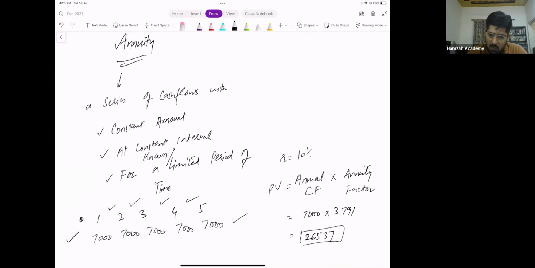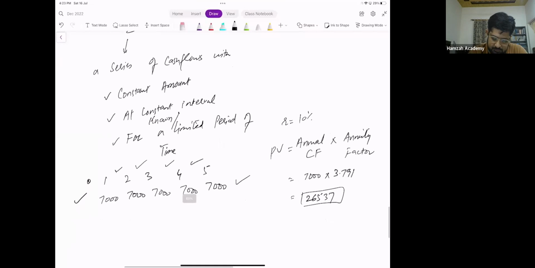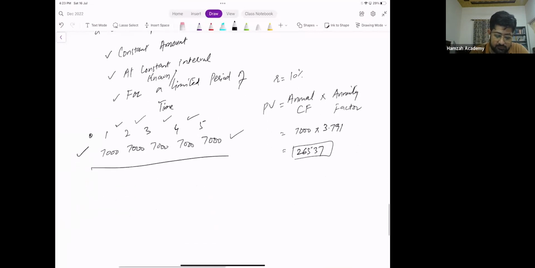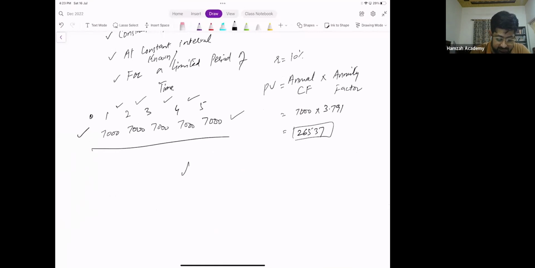Now, next. I hope it is clear. So this is the present value of all this annuity. Annuity is of 3 types. One is called simple annuity.